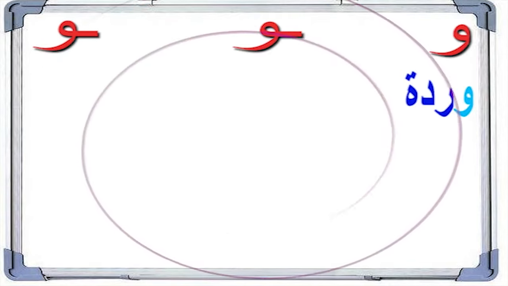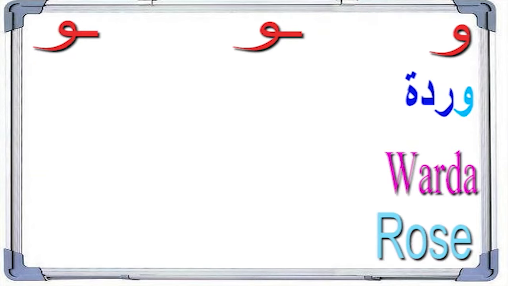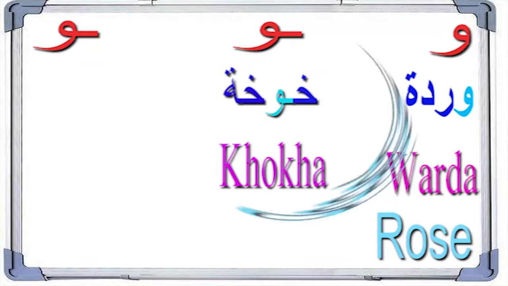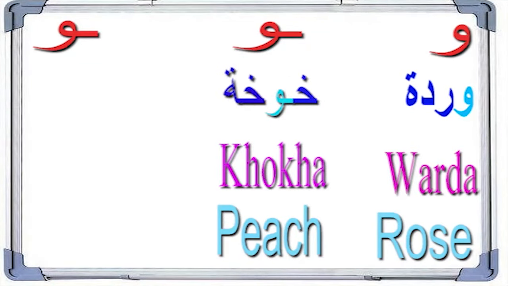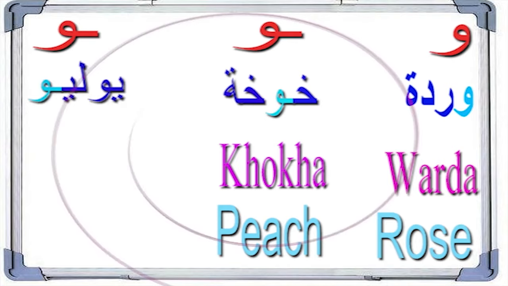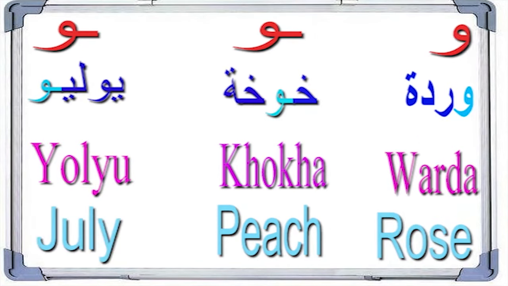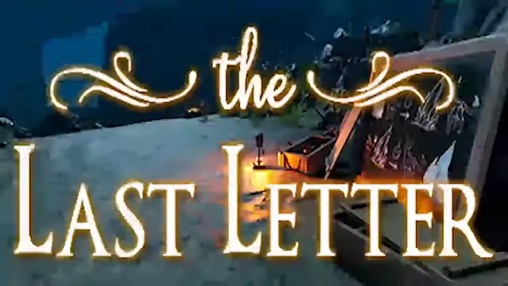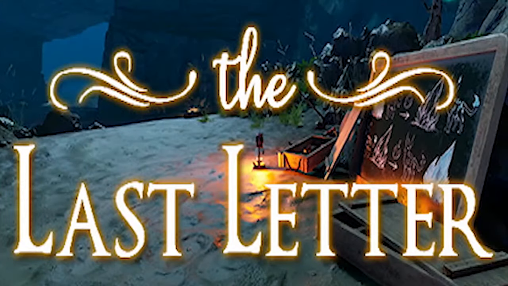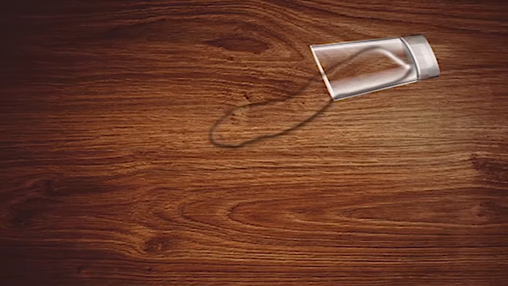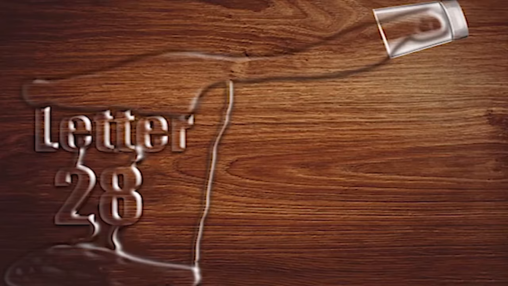Examples: rose, peach, July. As you can see, this letter also acts as a vowel. And open O. The last letter in the Egyptian Arabic alphabet, letter number 28.